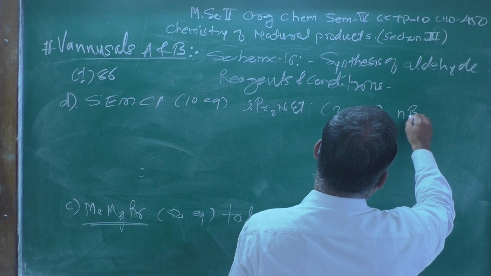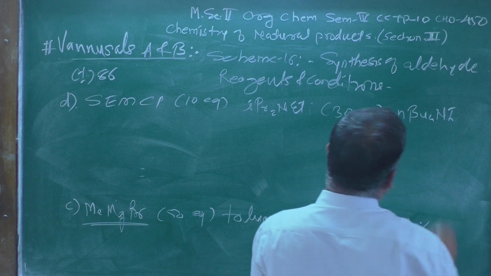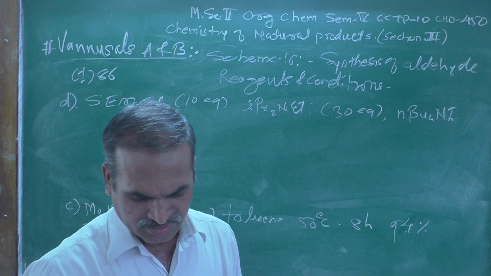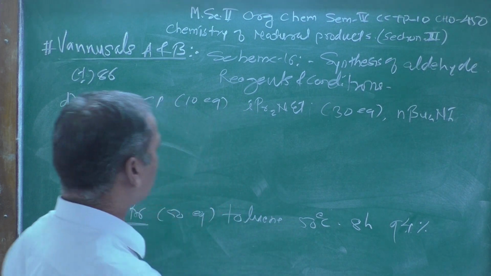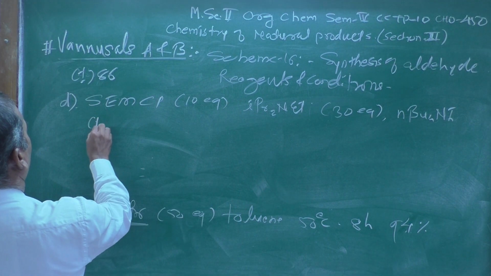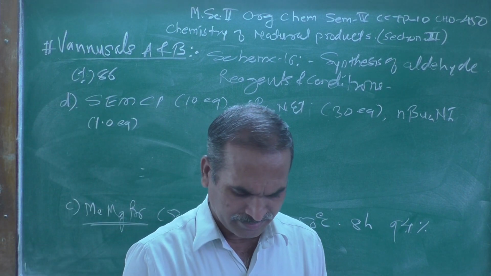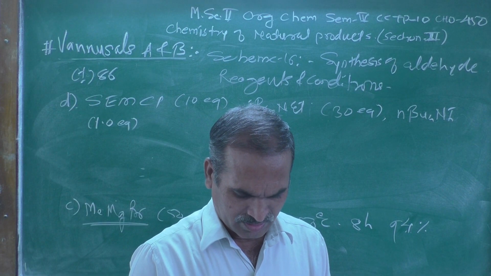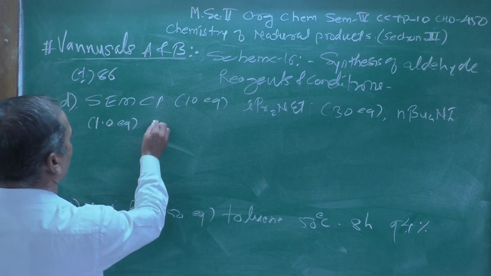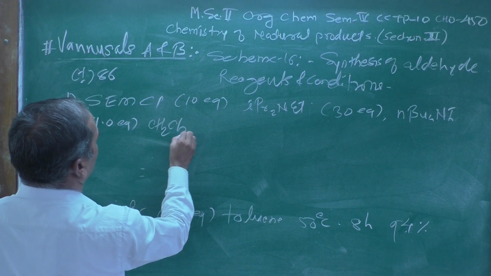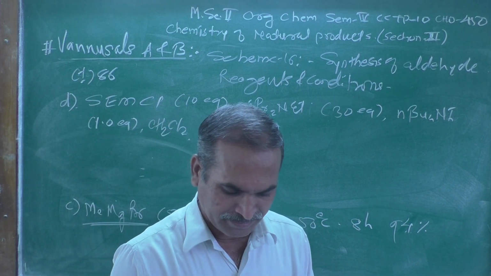After that there will be this reagent, n-tetrabutylammonium iodide, which was taken around 1.0 equivalent, and then the solvent employed was CH2Cl2, that is DCM, dichloromethane.